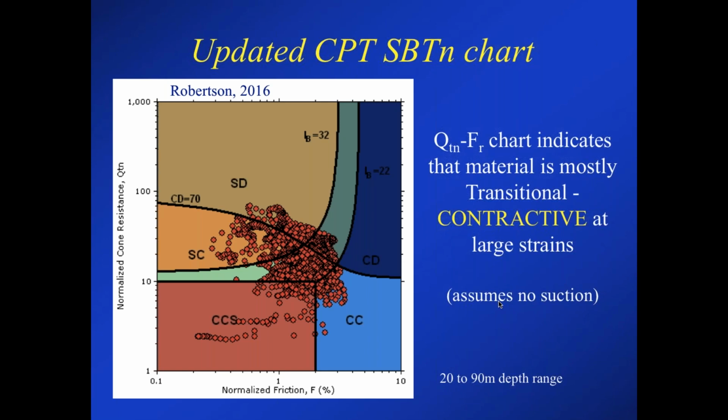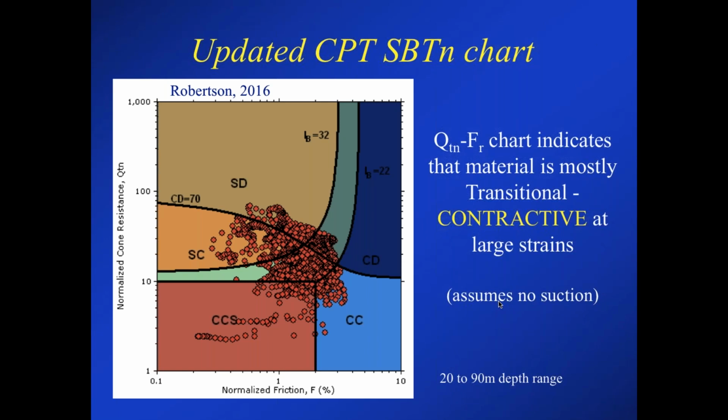These are often Shelby tube samples, just regular thin-walled tube samples. The risk in the interpretation is that lab testing on these samples showed a slightly dilative or phase transformational response, which means it contracts a little bit, then dilates, whereas the CPT is indicating contractive.